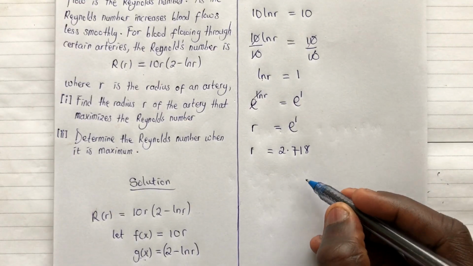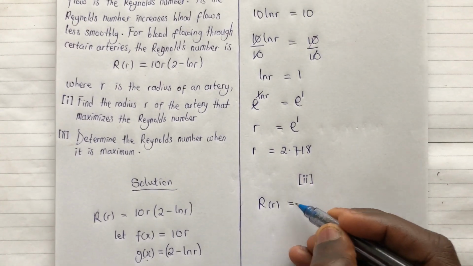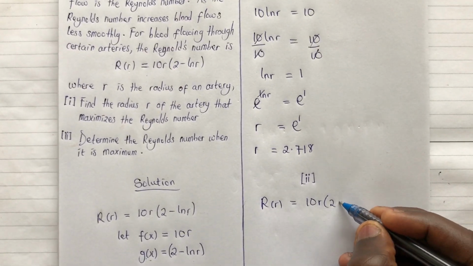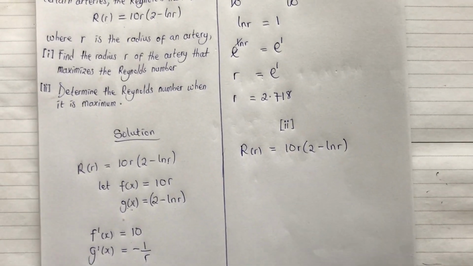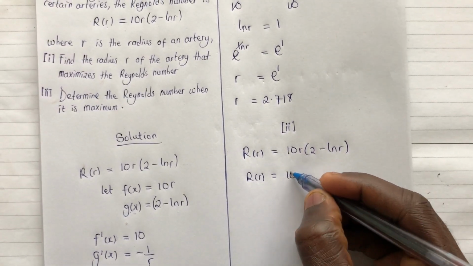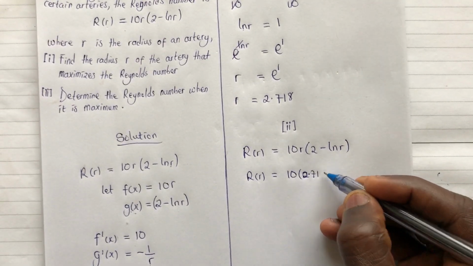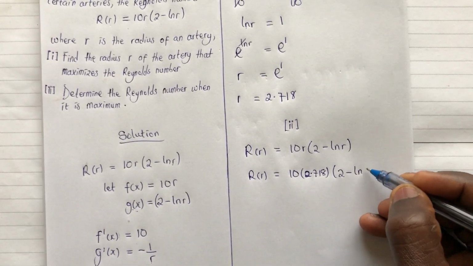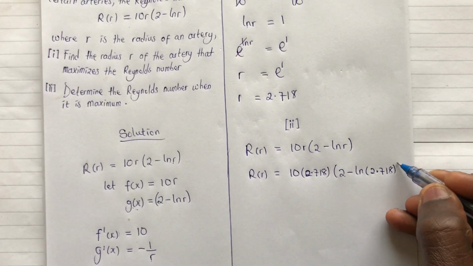So let's go to solution II. So we know that R(r) equals 10r(2 minus ln r). So I know the value of r. You can choose to substitute r here too. R(r) is giving us 10 multiplying 2.718 times 2 minus ln 2.718.